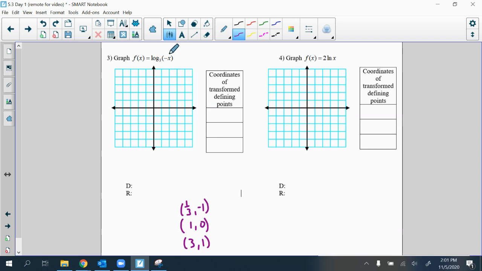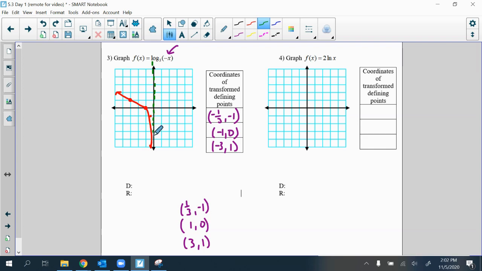So if I have a horizontal reflection, that is going to flip all of my x values to be negative. So -1/3, -1; -1, 0; and -3, 1 would be my new defining points. It's going to look something like that.